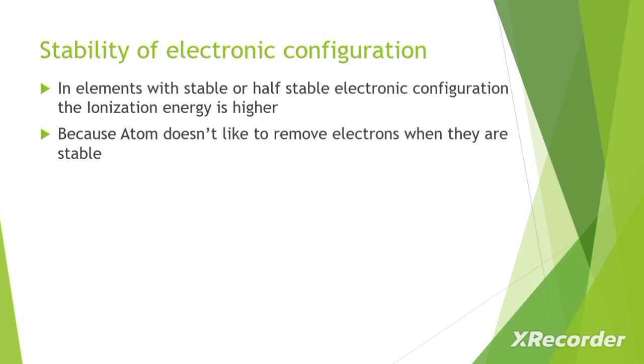So it is very hard to remove electrons from stable or half stable atoms or ions. So when atoms or ions are in stable or half stable conditions, the ionization energy that we should supply is comparatively higher.